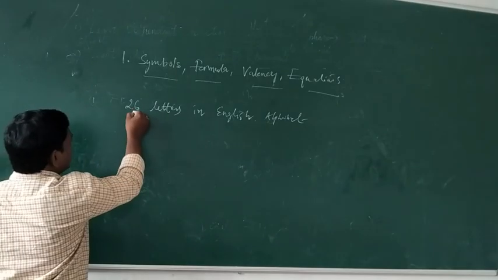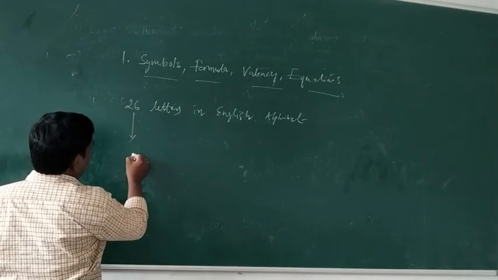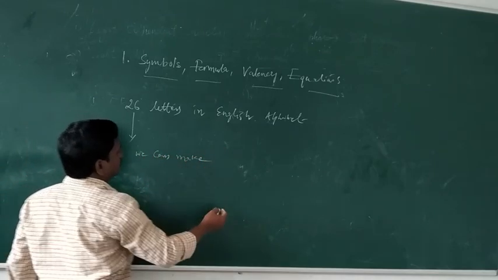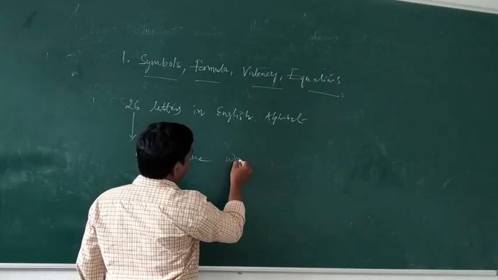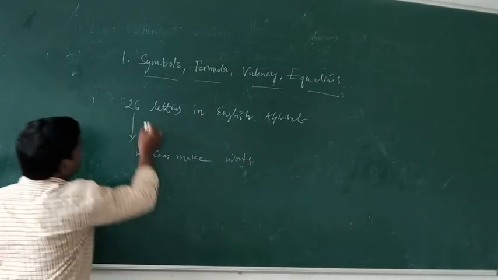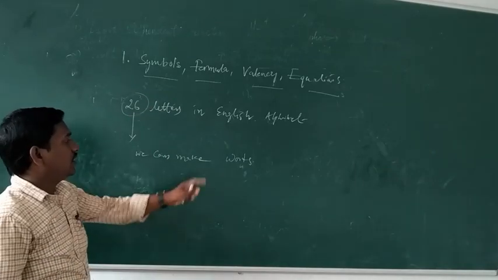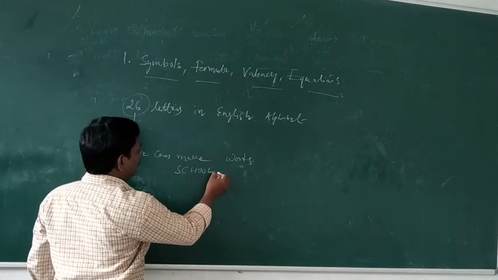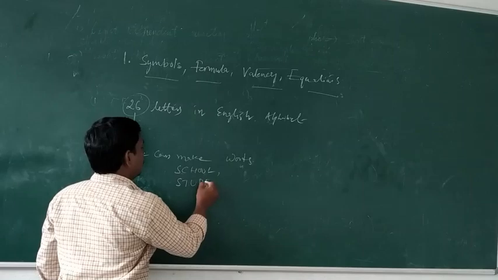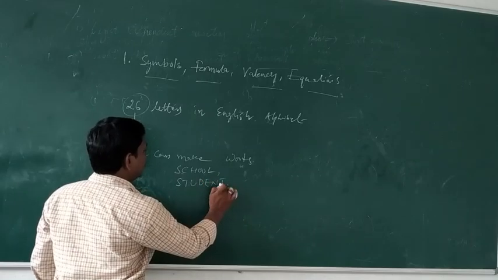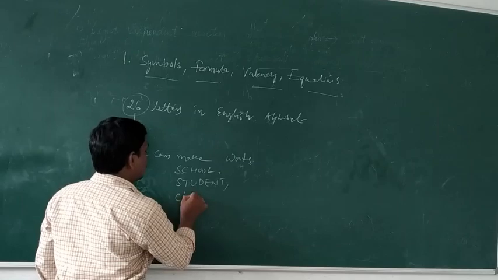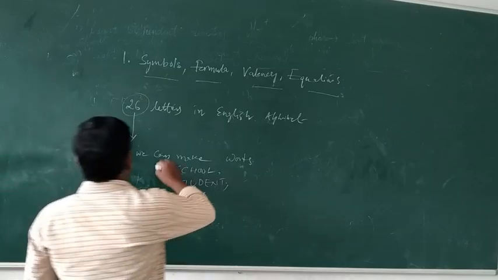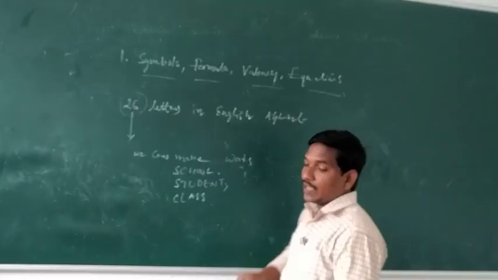By using these 26 letters, you can make words like school, student, and class. By using these 26 letters, we can make words like that.